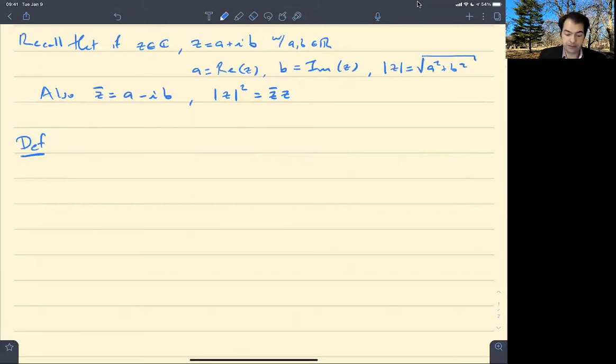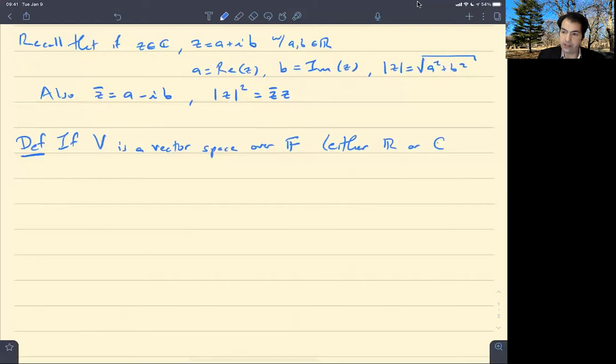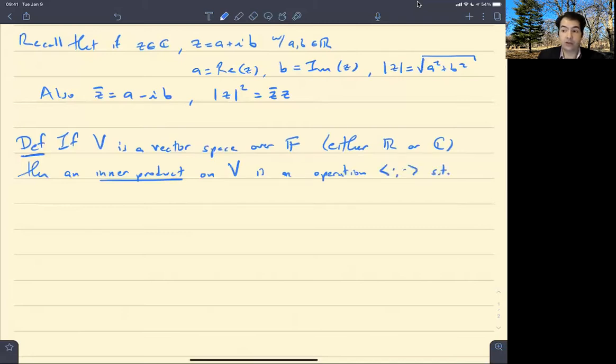Okay. So here's the definition. If V is a vector space over F, here F is either R or C, then an inner product on V is an operation denoted with triangular brackets such that, okay, first of all, it's scalar valued.